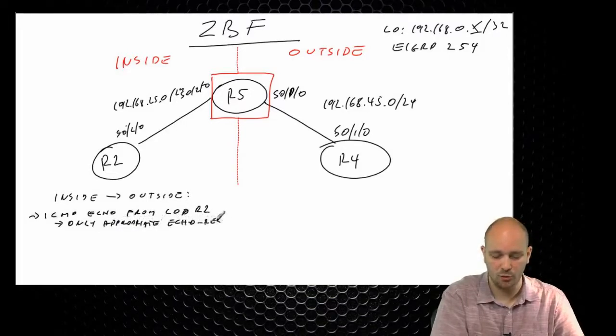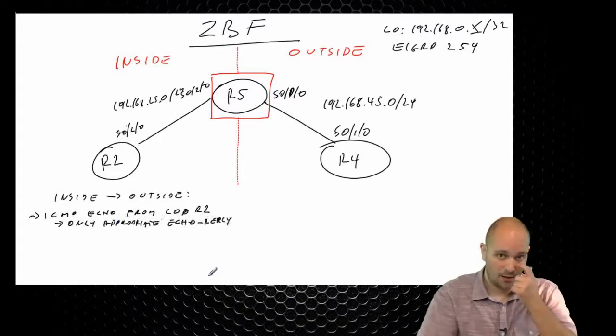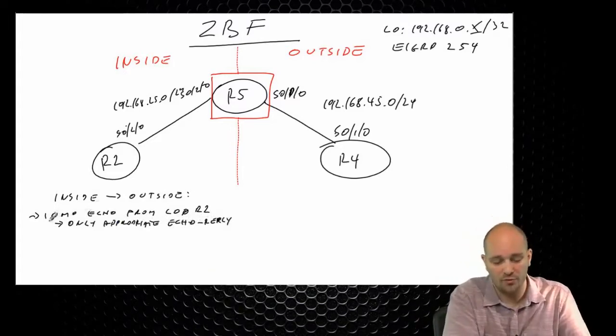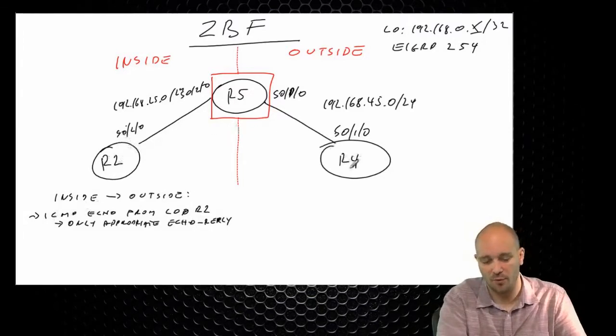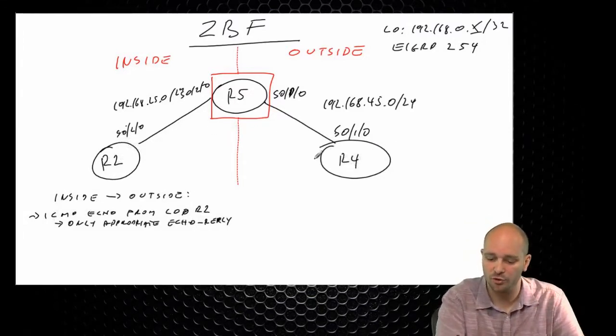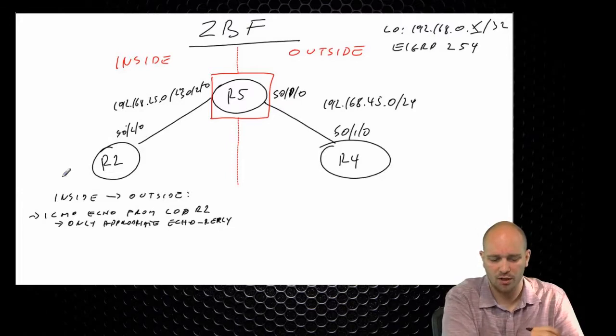Which means that I don't want to just allow any echo replies. I want only responses to pings initiated from R2. That means that if R4 was to send unsolicited echo replies, they shouldn't get through. Only those replies that are part of the return traffic here.